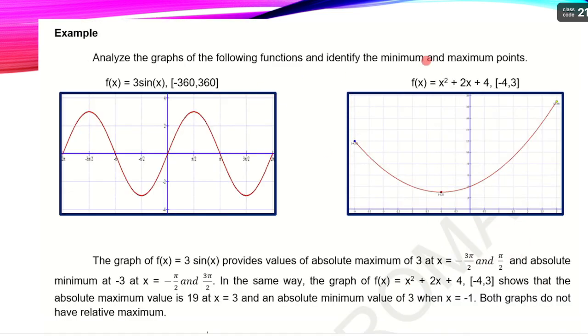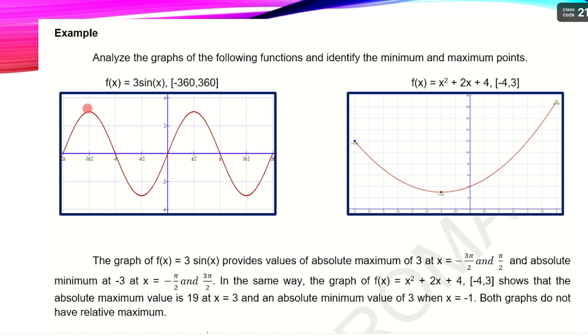How about this one? Let's analyze this graph of sine and another polynomial. The function 3 sine x over the interval negative 360 or negative 2 pi to pi, take a look at this. You will see some values here.